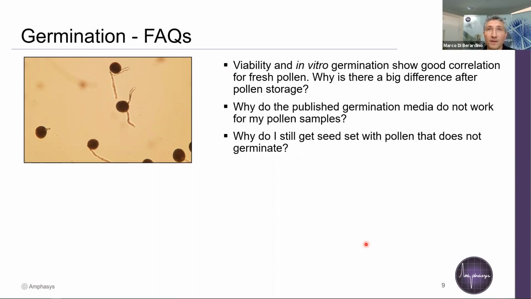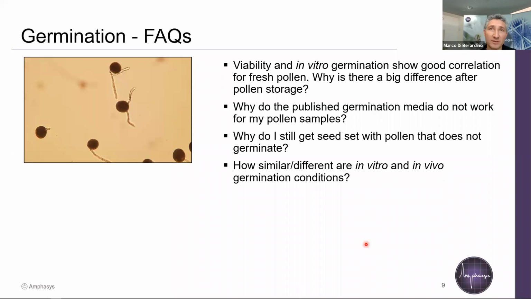Or even, why do I still get seed set if the pollen does not germinate? A more general question could be, how similar or different are in vitro and in vivo germination conditions? Does it make sense to do in vitro germination if the in vivo germination conditions are completely different?